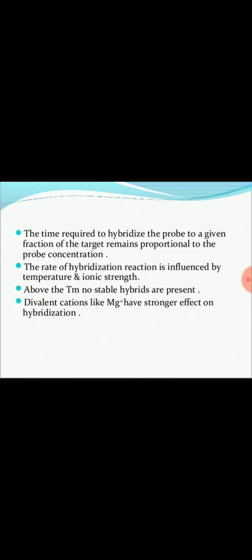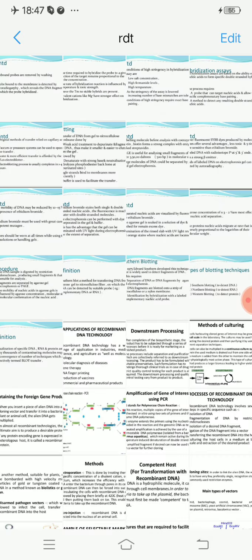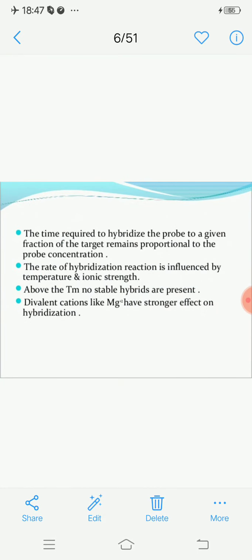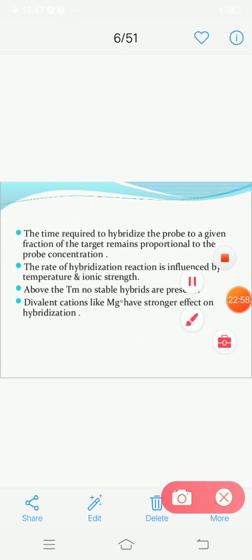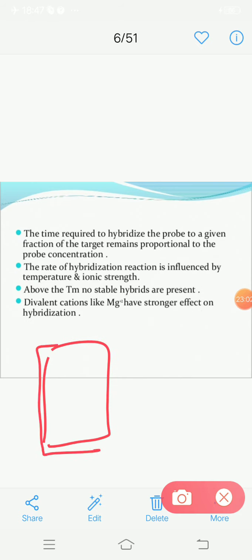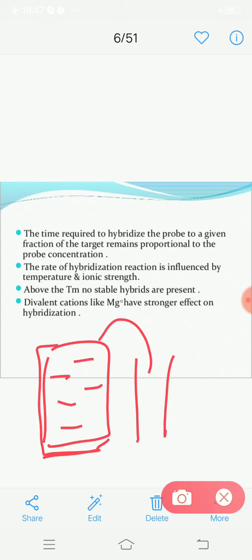Yes, means inversely proportional. Okay, suppose this is your nitrocellulose paper on which you have transferred the DNA from the agarose gel. Now you are adding the probe. If you add a very large amount of probe, then the time required is less.